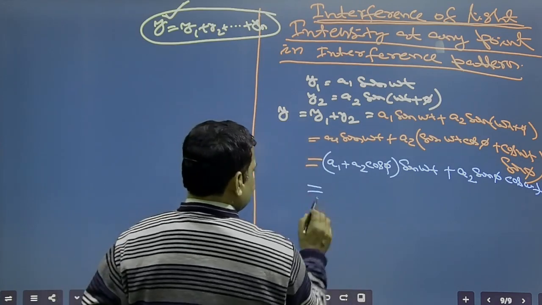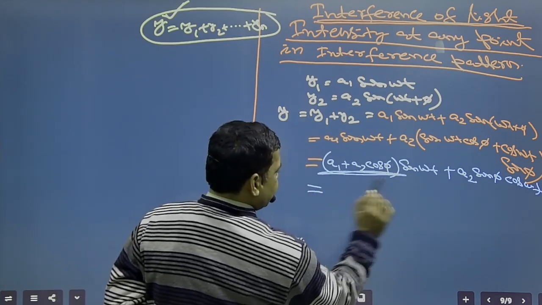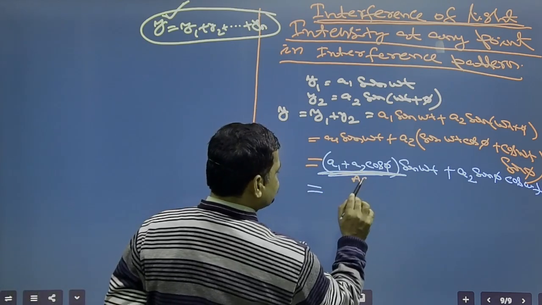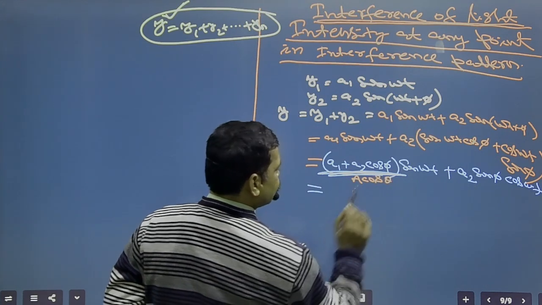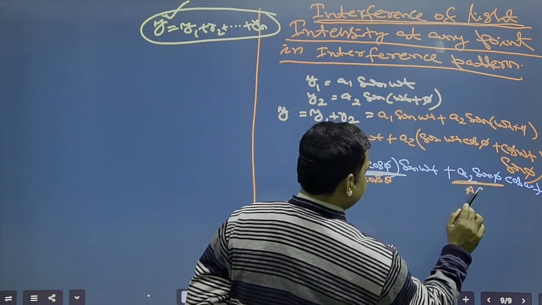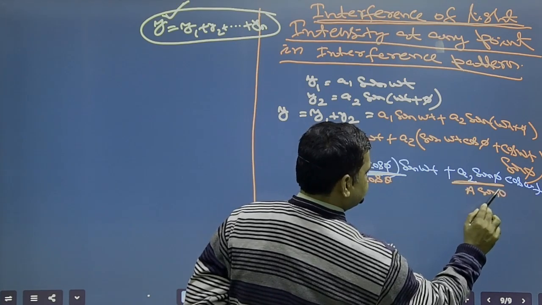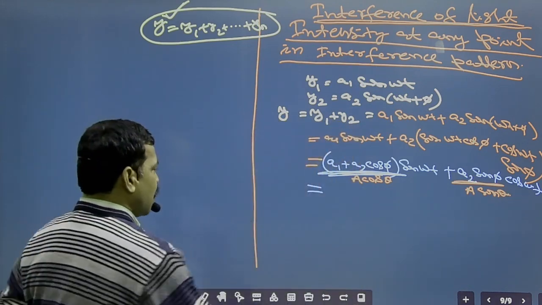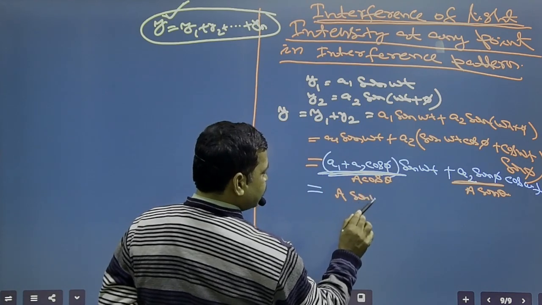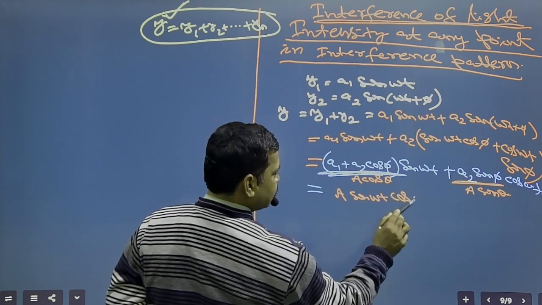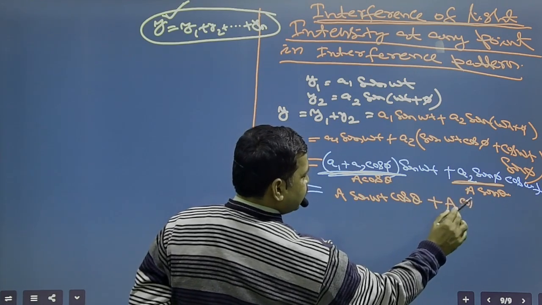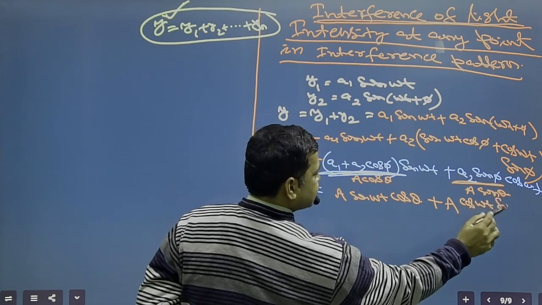Now you see, suppose for this value I am assuming, let this be a cos theta. Similarly, assume this one as a sin theta. These are the assumptions. So now we are getting a sin omega t cos theta plus a cos omega t sin theta.